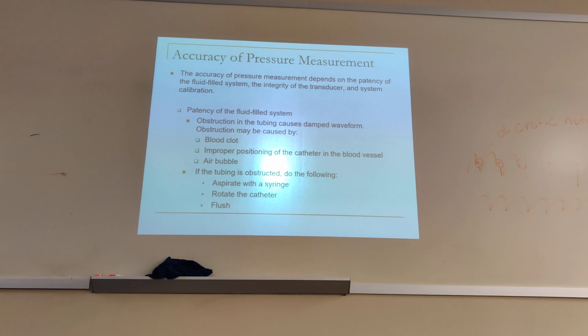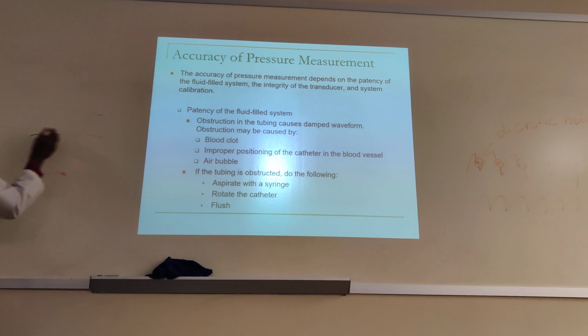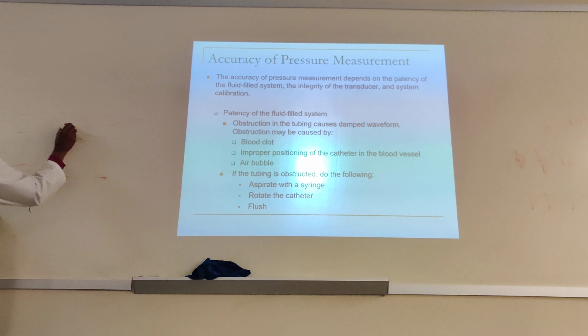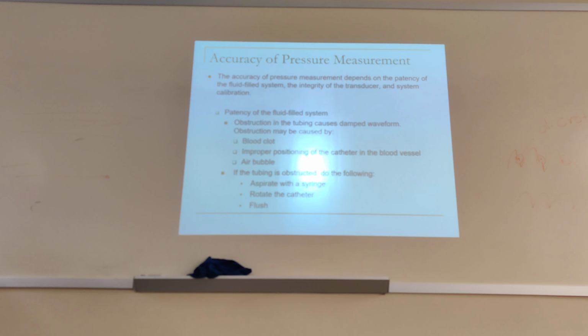Another thing that can cause it is improper positioning of the catheter in the blood vessel. If this is your blood vessel, the catheter needs to be midline of the blood vessel.